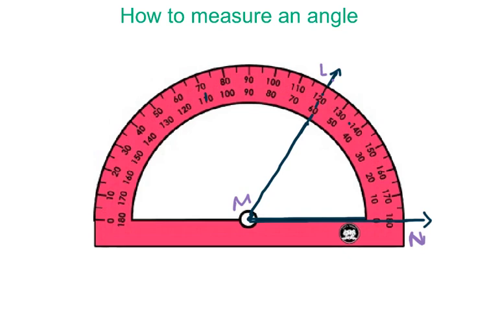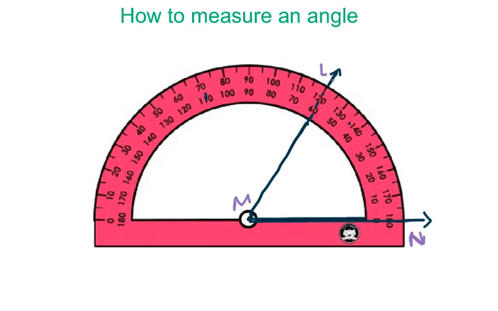The first thing I always tell my students to do, before they place their protractor, is to look at their angle and decide: is this an acute angle? Is this an obtuse angle? Or is this a right angle? If it's an acute angle, then we know the measurement should be less than 90 degrees.